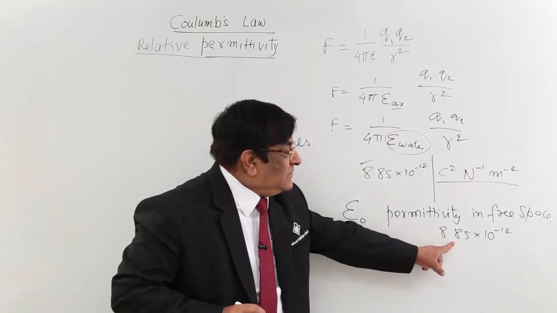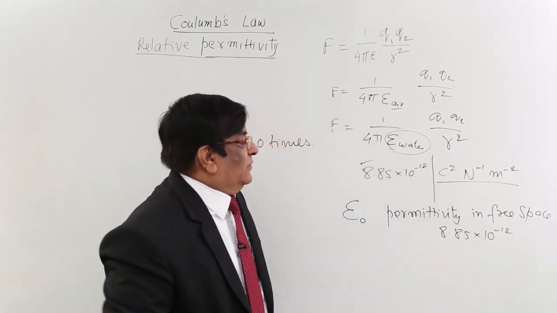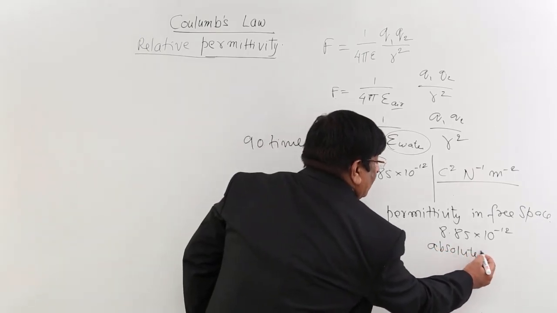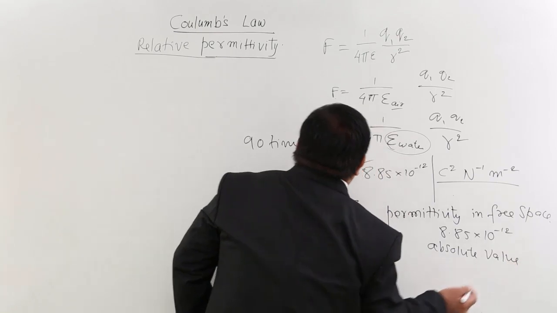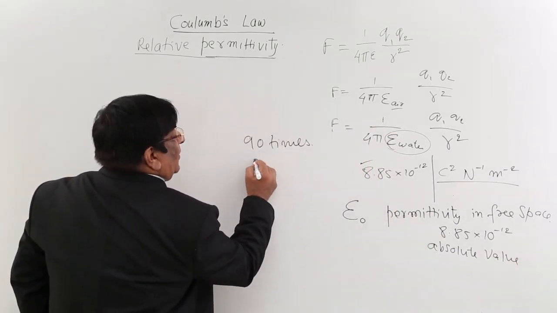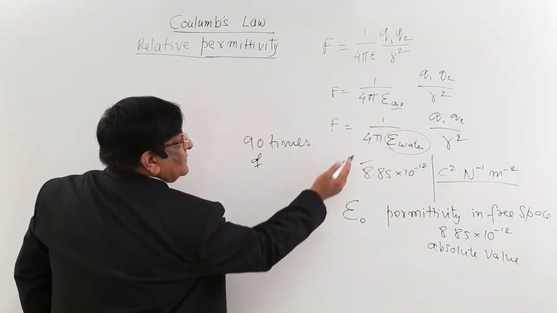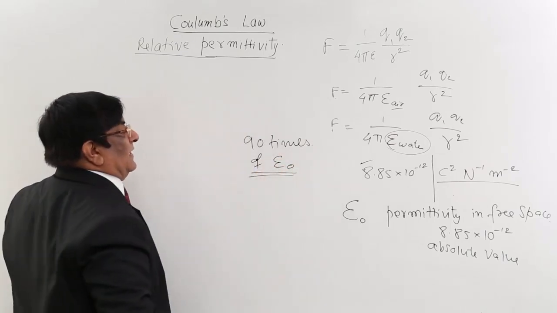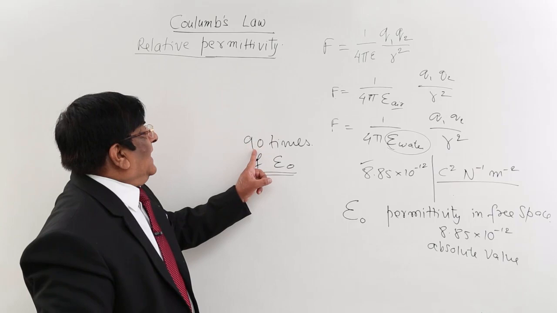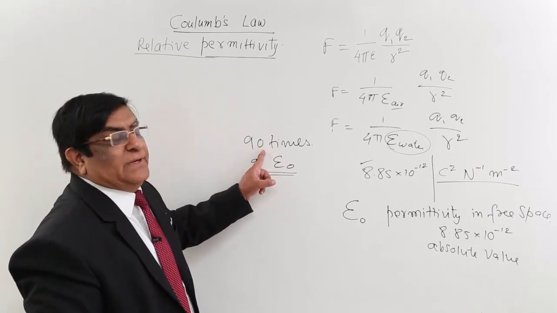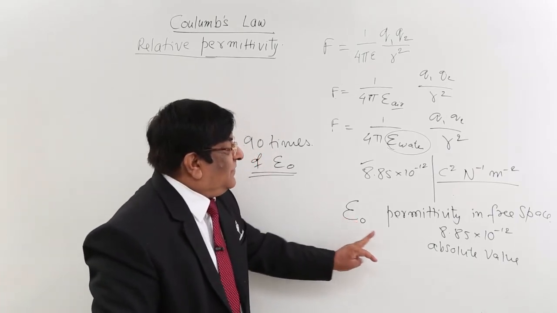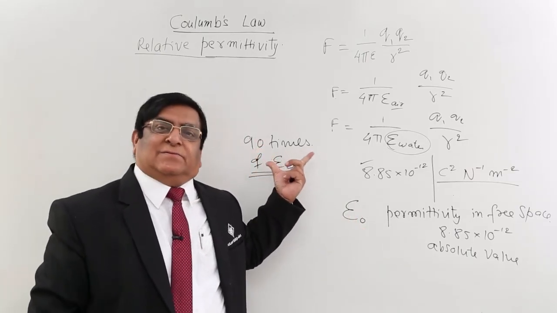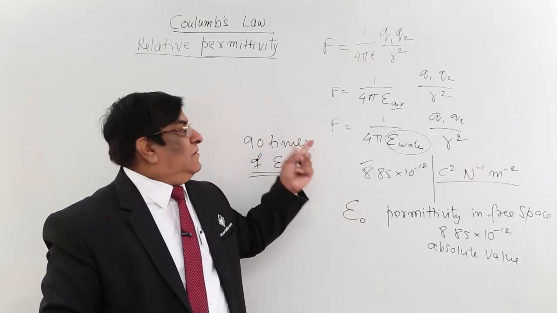One gives the absolute value. The other says how many times of epsilon naught. With this, we remember the value of epsilon naught only and multiply with this, and we get the value for water.